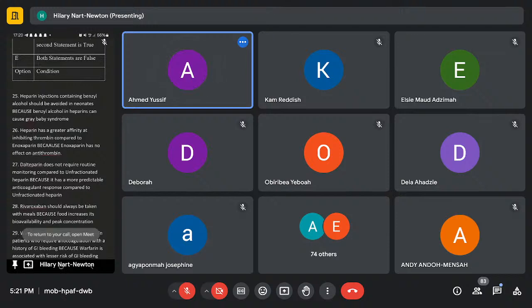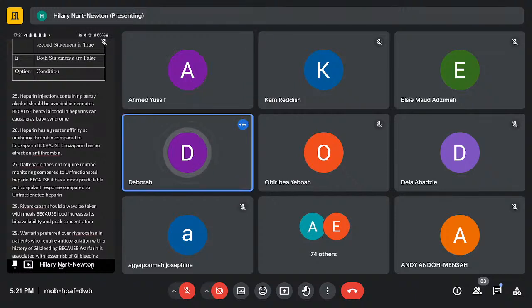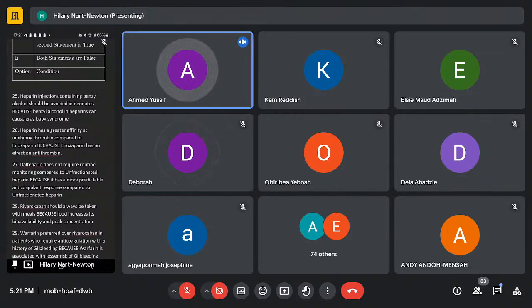So what about the second statement? Because it has a more predictable anticoagulant response compared to unfractionated heparin. True. Okay, so both statements are true. Related or unrelated? Related. So that's A.